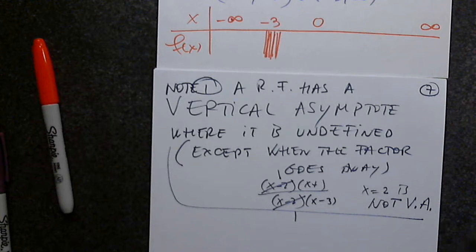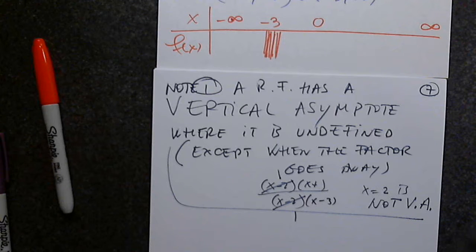So whenever a rational function is undefined at an x value or values, you can have more than one vertical asymptote. The function has a vertical asymptote, a line that it will never cross, and the function values will go to infinity or negative infinity in four different ways. Now, here's the exception. So I don't want you to think that if a function is undefined, we'll always have a vertical asymptote. Not always. If the factor goes away, that's not a vertical asymptote.